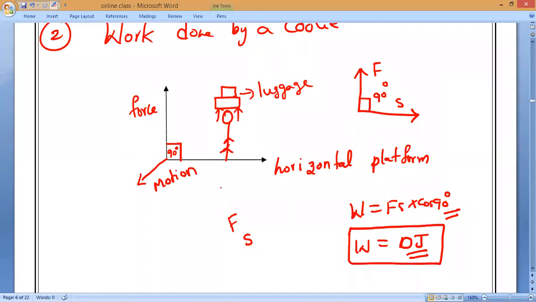He has walked more than 1.5 kilometers, but still the work done is 0, because the force is applied perpendicular to the direction of motion. Understood everybody? Clear or not? Yes, sir.